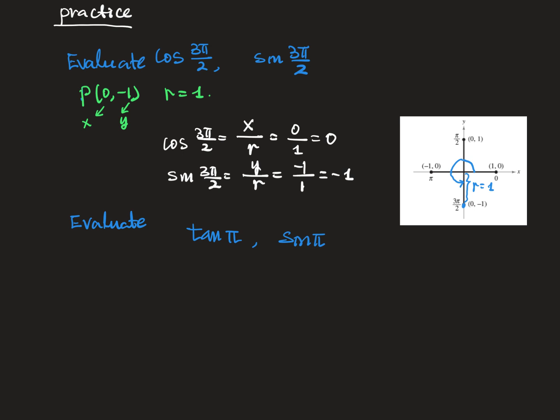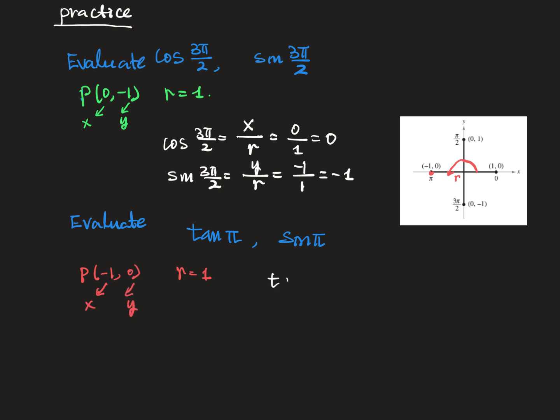How about tangent of pi? Where is pi going to be this time? I'm going to erase this one, guys. Look at this one. Now, you're going to see here is pi over 2, and here is pi, the negative x-axis. You pick any point. I picked P, negative 1 and 0. Distance is r, r is 1. Here is x value, here is y value.